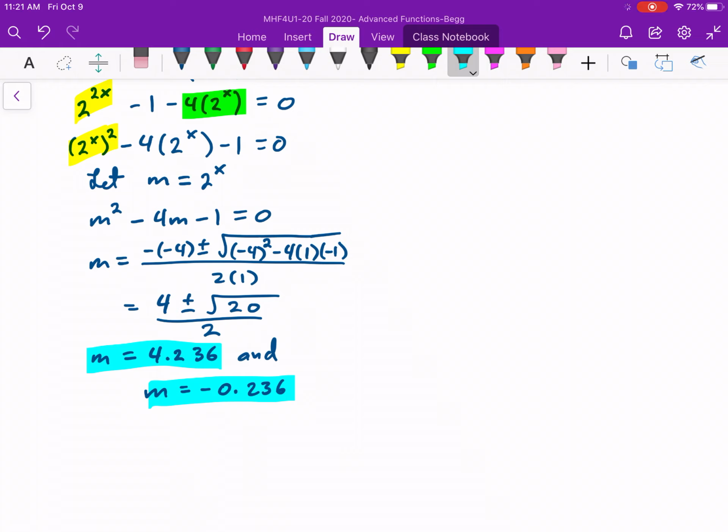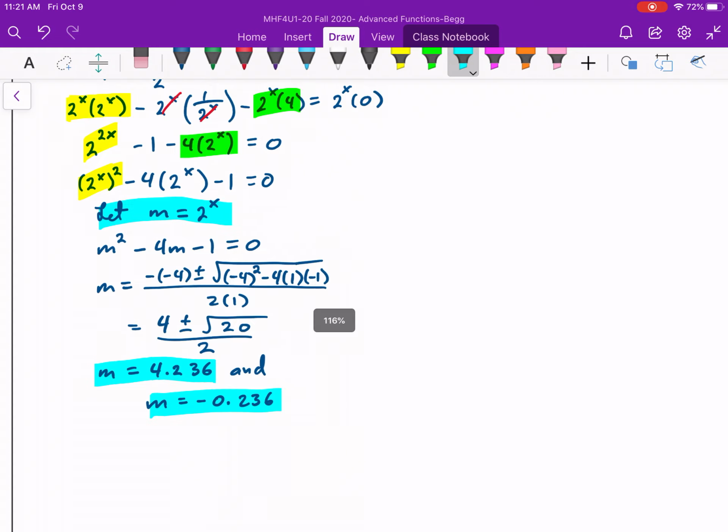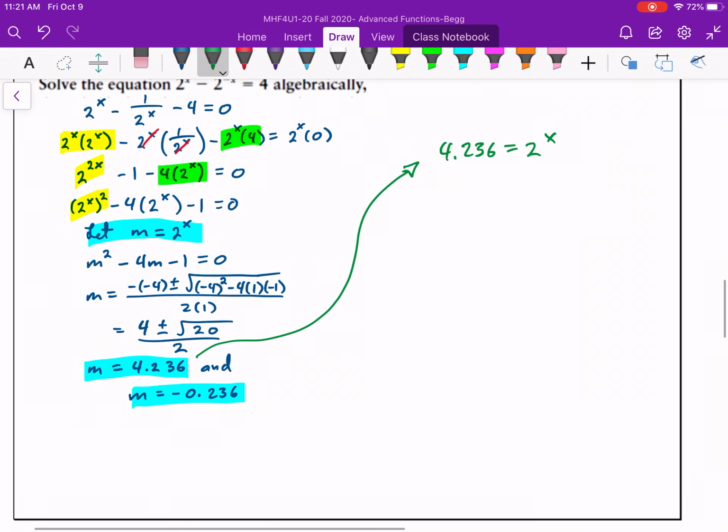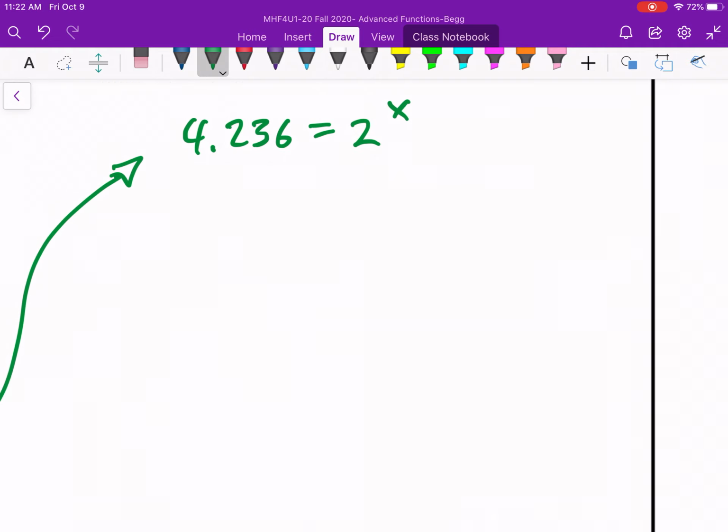Luckily, we have our let statement back up here to relate m to x. So now I can take these two solutions, and for example, for this first one, I can put 4.236 equals 2 to the x. And I just switched to green so that I could show it as a different step. And then I can solve this. And if I solve this for x, then I'll have a solution.